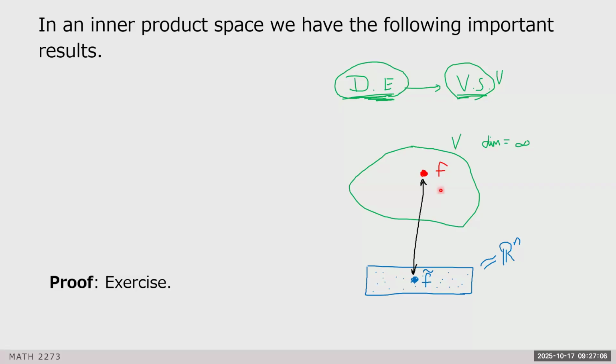The one that I work in is called the Galerkin method, or the Galerkin finite element method. It is a type of finite element method. Finite element methods were initially developed by civil engineers back in the day to solve structural problems, to help them design skyscrapers and bridges.